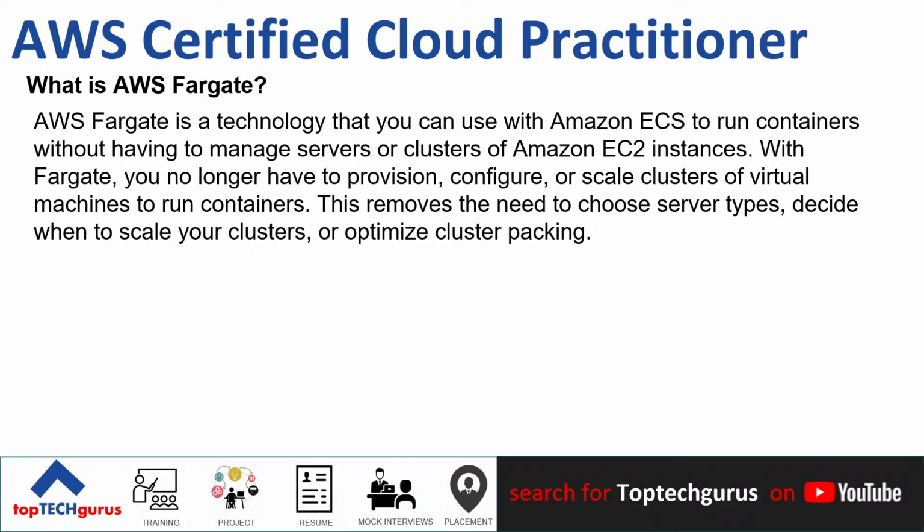And to run this Docker container, if you want to do this manually, then you'll have to set up a cluster of EC2 instances. So you pool these EC2 instances together, and then you manage the Docker container, and the Docker container can scale up and scale down as needed.